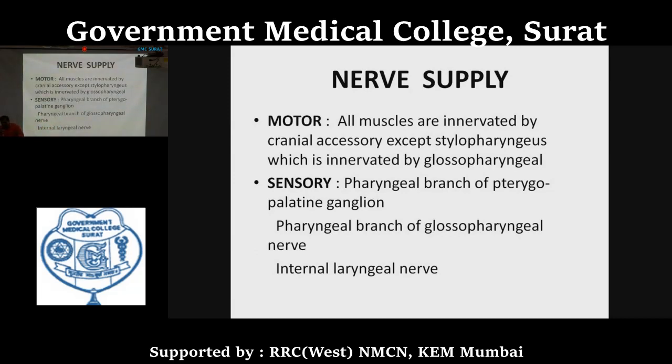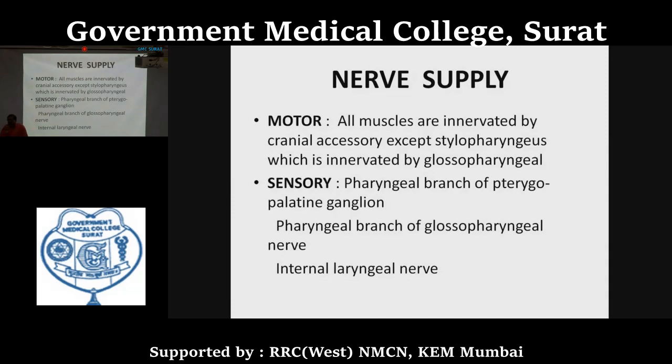No doubt the fibers of the cranial part of the accessory nerve travel via the vagus nerve, but basically the fibers are from the cranial part of the accessory nerve. But one exception is there, the stylopharyngeus muscle, which is innervated by the glossopharyngeal nerve. So one can say all the musculature of the pharynx is innervated by the cranial accessory nerve, except the stylopharyngeus, which is innervated by the glossopharyngeal nerve.